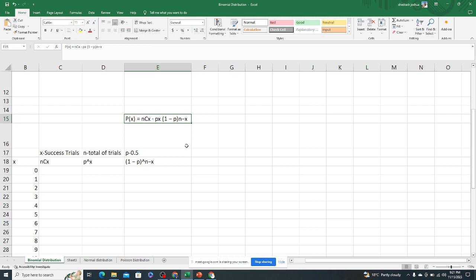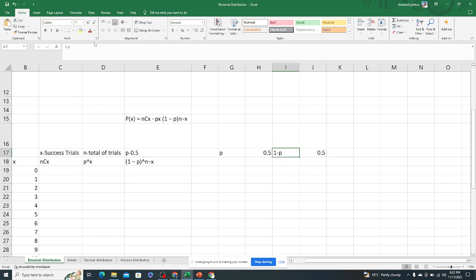Okay, so in this case, let's say we have our p, whereby our p is 0.5, because it is the probability of success, meaning 1 minus p will also be 0.5.